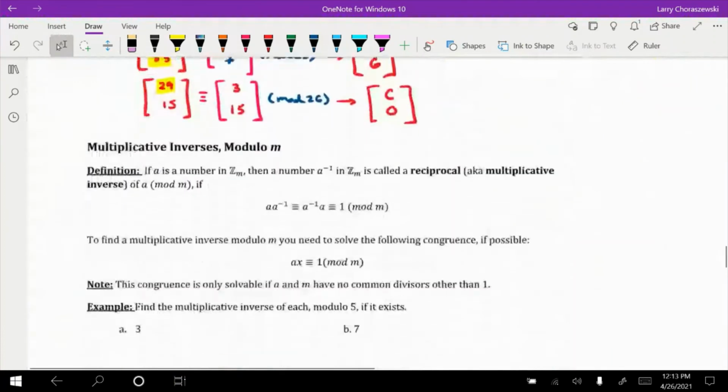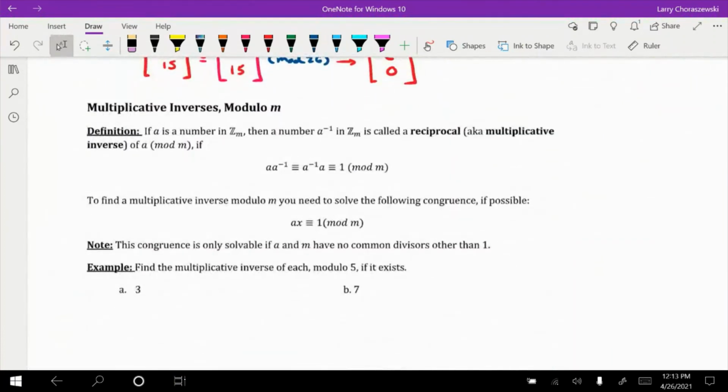So if m is equal to 1, then the residues would be just 0. That would be the only remainder that you could get upon division by 1.